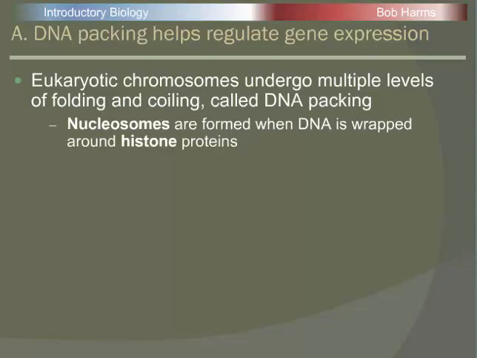And a nucleosome is formed when the DNA is wrapped around these specialized packaging proteins called histones. And so histone proteins make little sort of ball structures or packaging proteins, and the DNA is wrapped around those little balls.